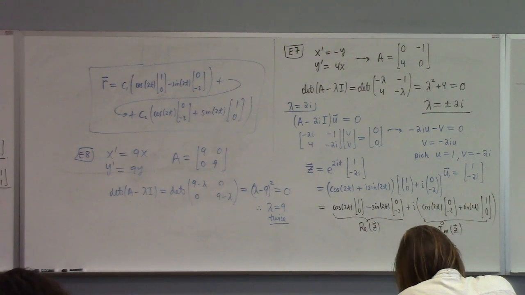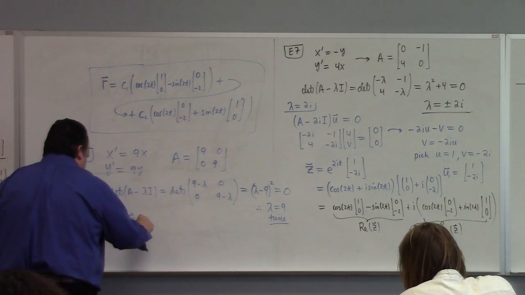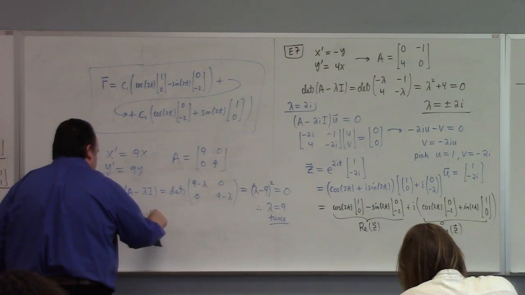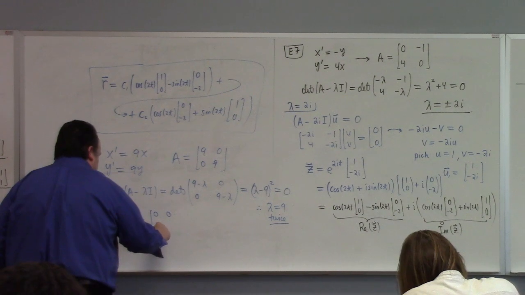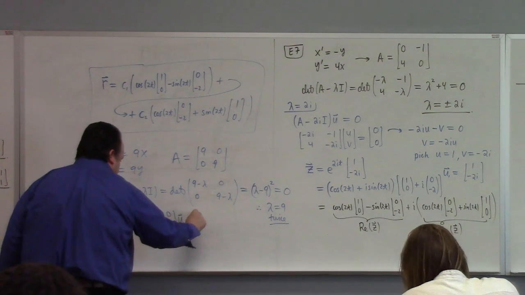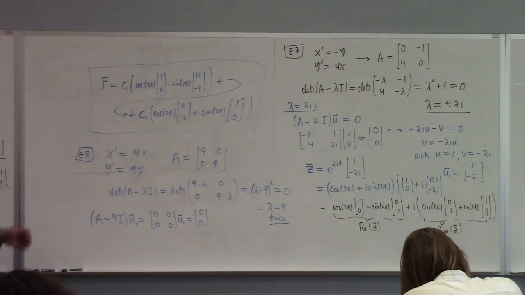What are the eigenvectors of this? How about this? A minus 9I times u is equal to what? The zero matrix times (u1, u2), which is (0, 0). So which vectors solve that?